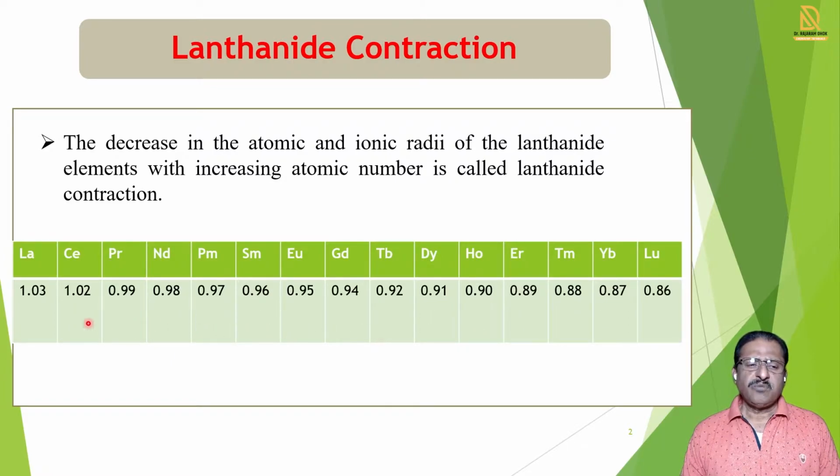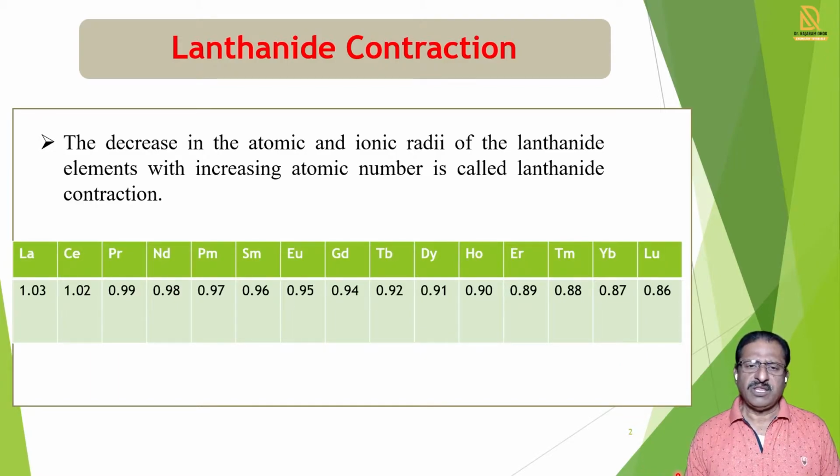Now you see carefully that the decrease is only about 0.01 angstrom. This difference is very small, but such a slight difference is observed, and the atomic radius decreases from lanthanum to lutetium. This decrease in atomic and ionic radii is called lanthanide contraction.